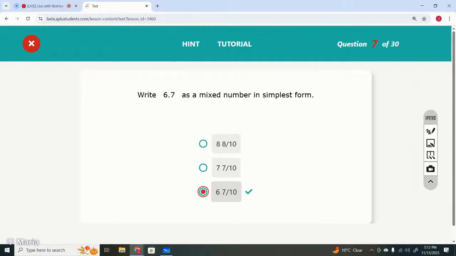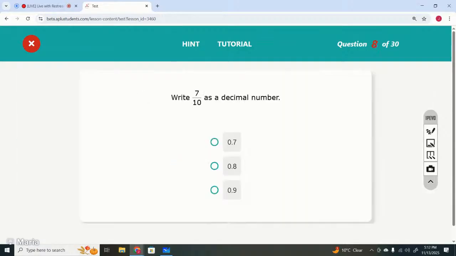Option number 3 is the correct option. Write 7 by 10 as a decimal number.